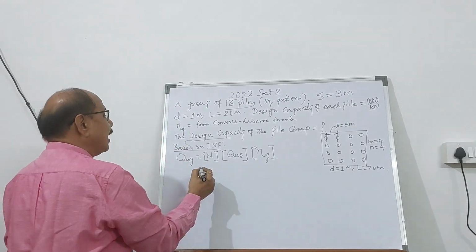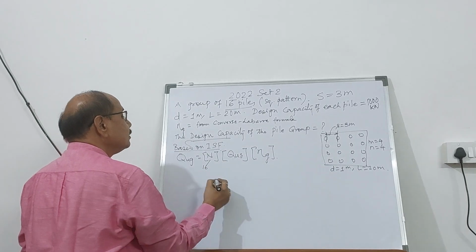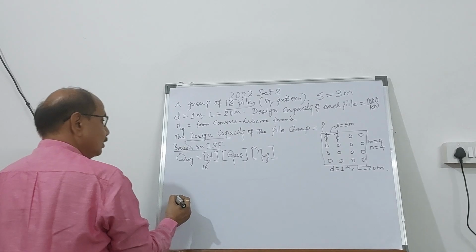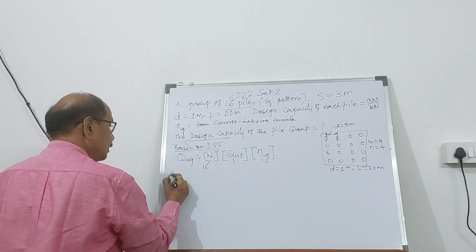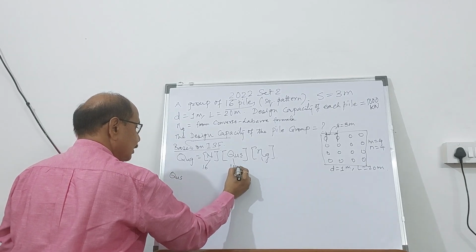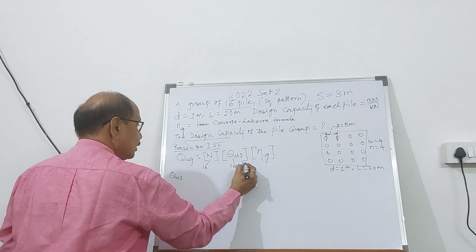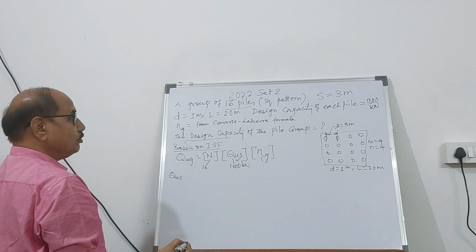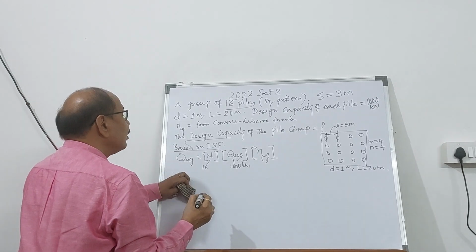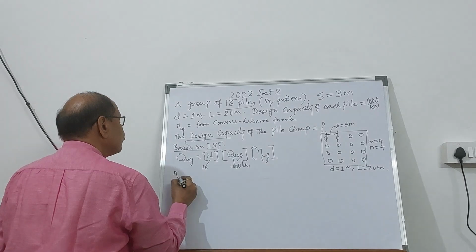Now number of piles I know, 16. QU is already given as 1000 kilonewton. And I need to calculate therefore the value of eta G.